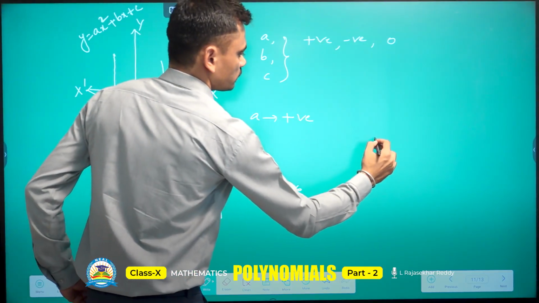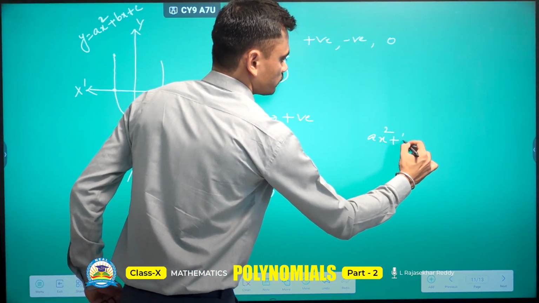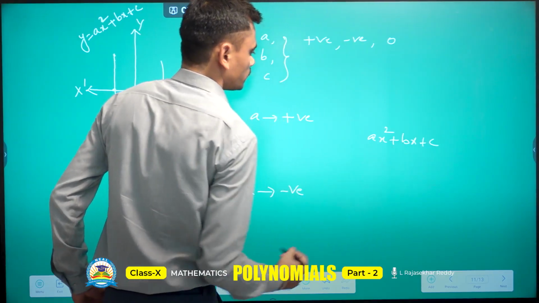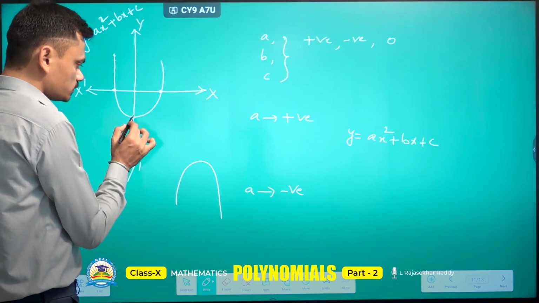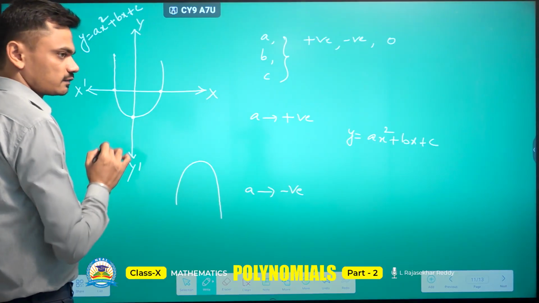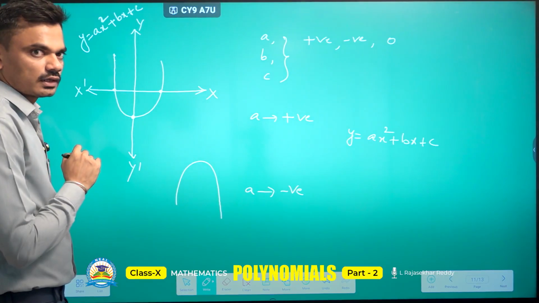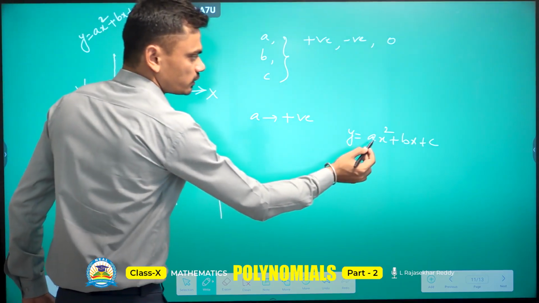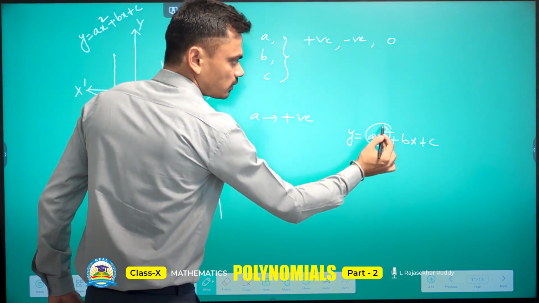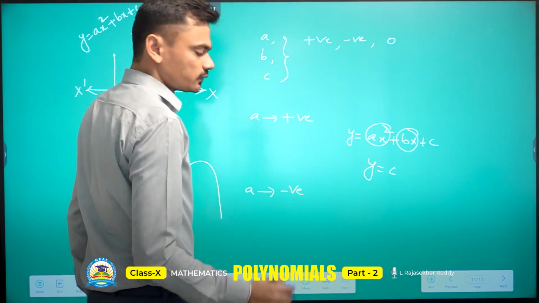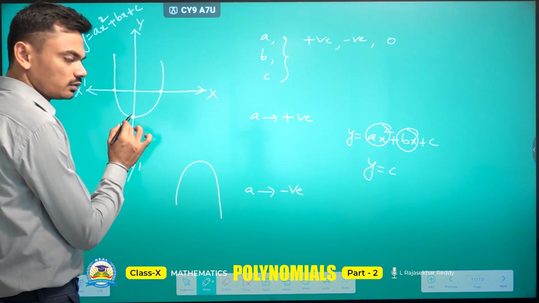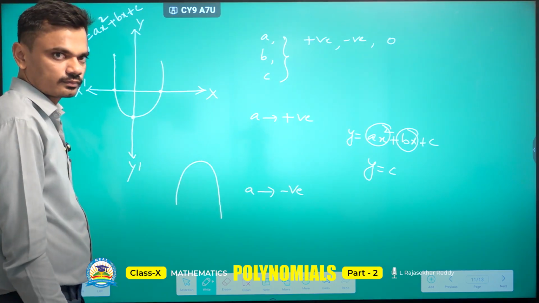Here the quadratic polynomial ax square plus bx plus c, this equal to y you can take. Here this curve is intersecting the y-axis, means what? X will be 0, x coordinate is 0. So this term you will get 0 and this term you will get 0. Finally y is equal to c. So here y coordinate is negative, so c also negative.